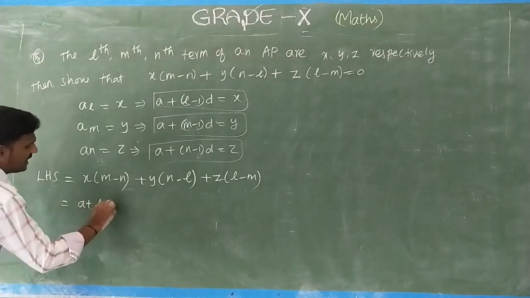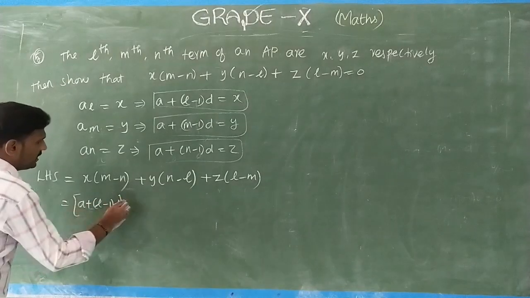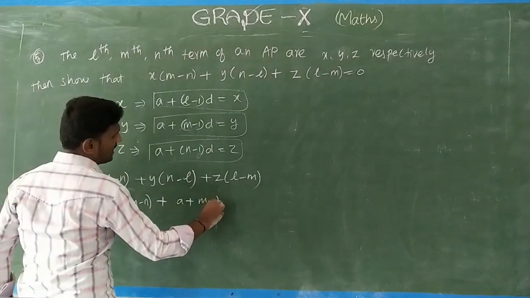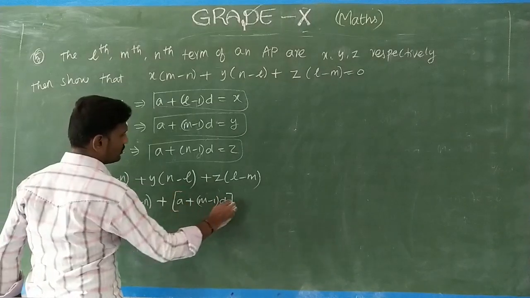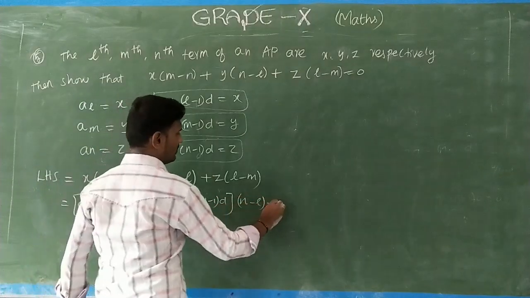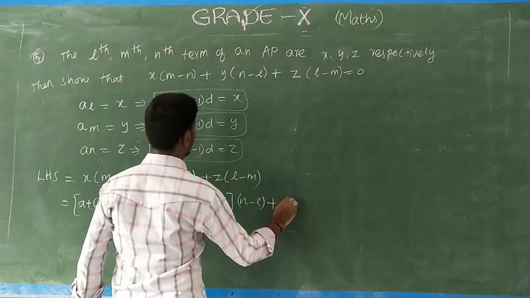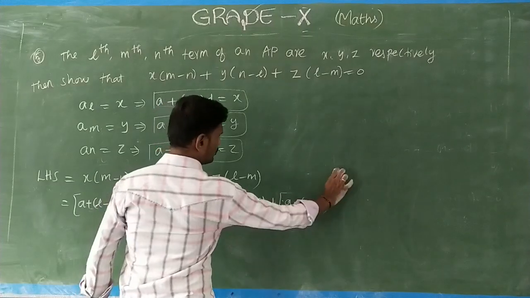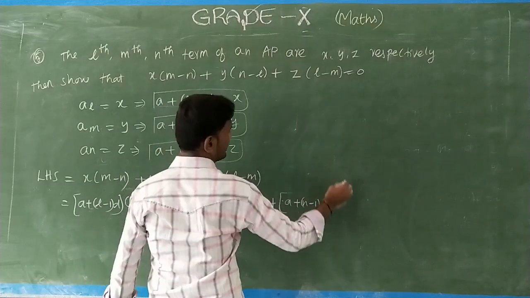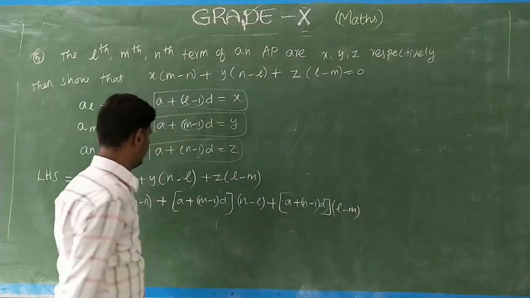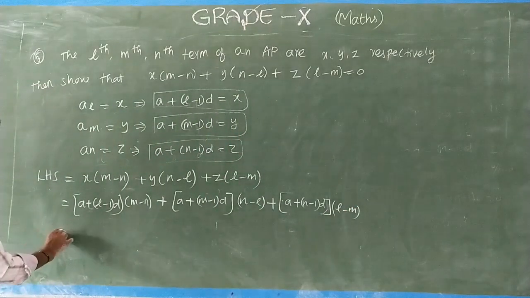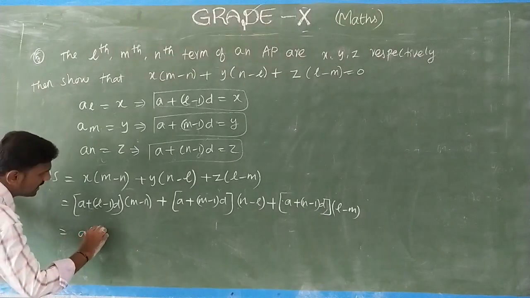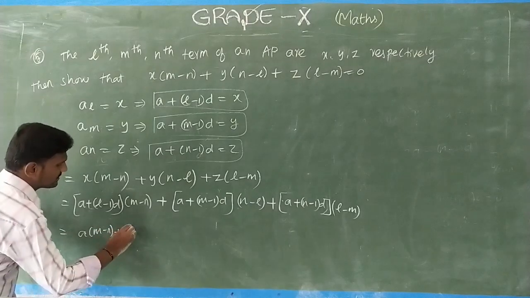A plus (l minus 1) into d, into (m minus n), plus a plus (m minus 1) into d, into (n minus l), plus z what? A plus (n minus 1) into d, into what is that finally? (l minus m).